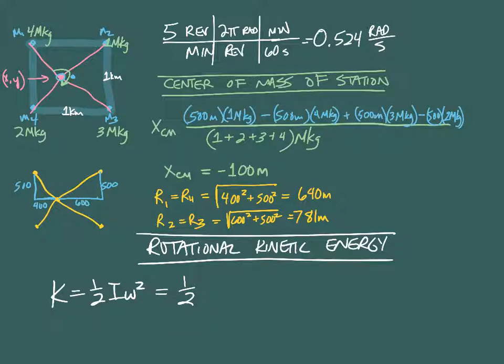All right? So in this middle term for I, I'm going to have m1 r1 squared plus m2 r2 squared plus m3 r3 squared plus m4 r4 squared.